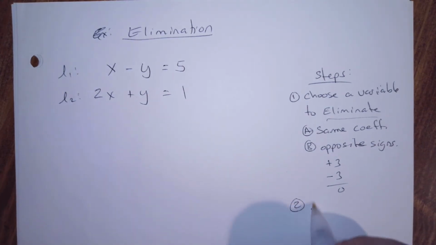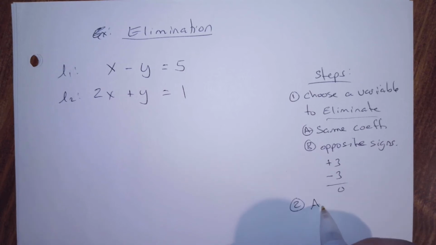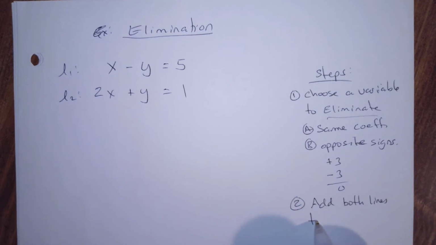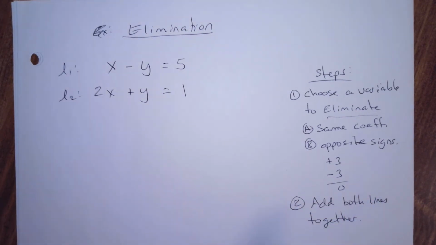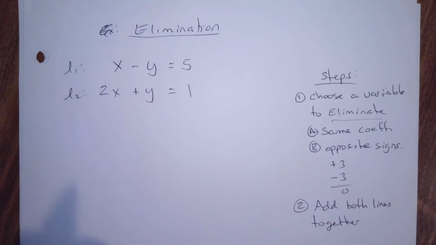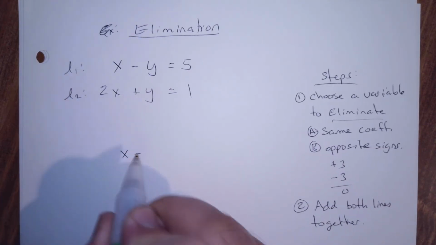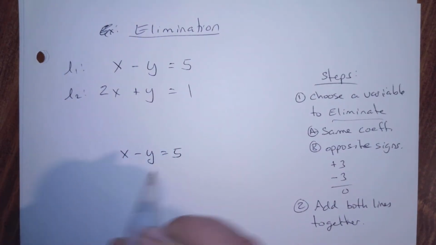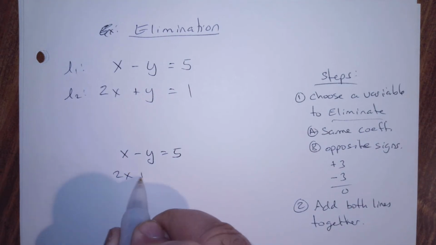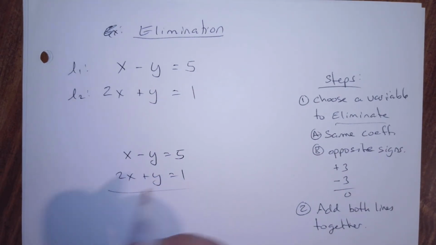So once you find that, add both lines together. Whenever I add both lines, x plus 2x is 3x.